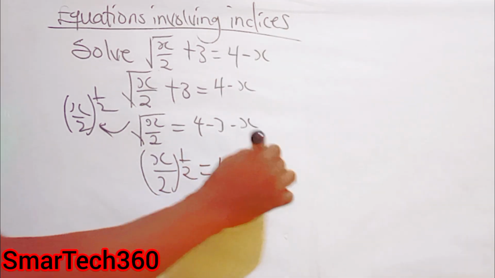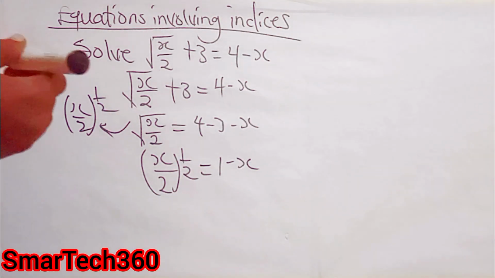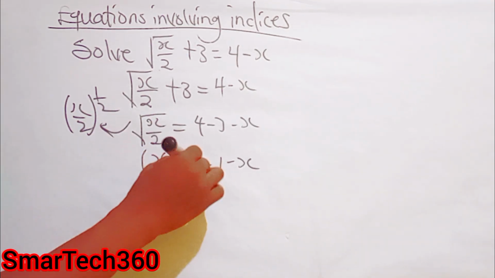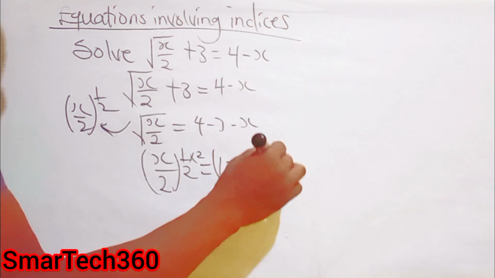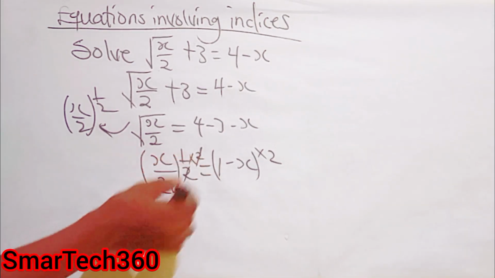So the next thing we do here is to raise each side of the equation to a power of 2. We raise this to a power of 2, and the whole right hand side also to a power of 2. Now this 2 will cancel this 2 here.